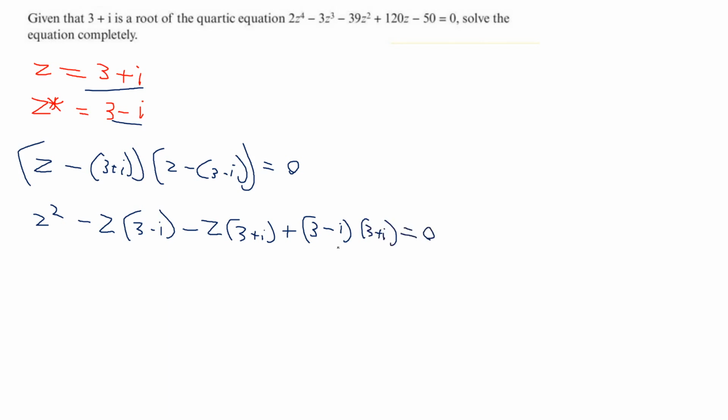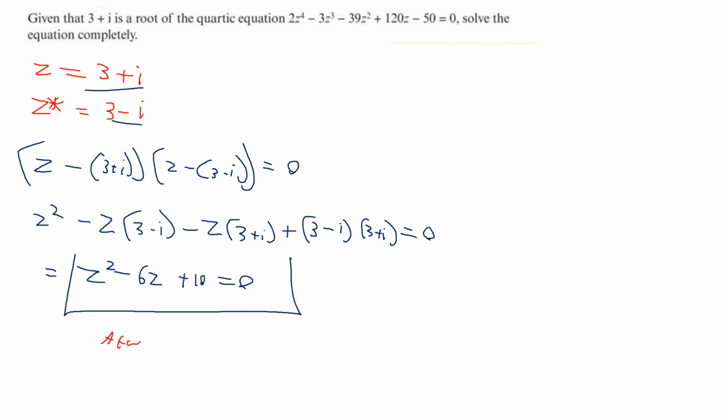And that's all equal to 0, which means that z squared minus 6z plus 10 is equal to 0. So that is our polynomial, okay? Which is also a factor of this. Yeah? So now let's divide one from the other.